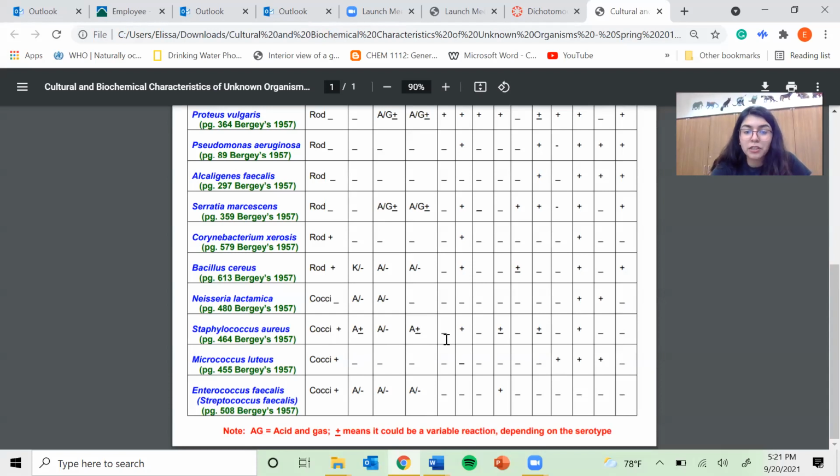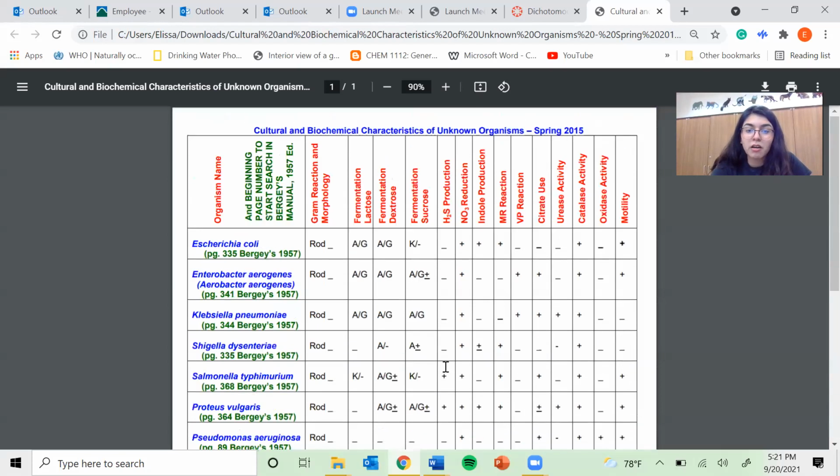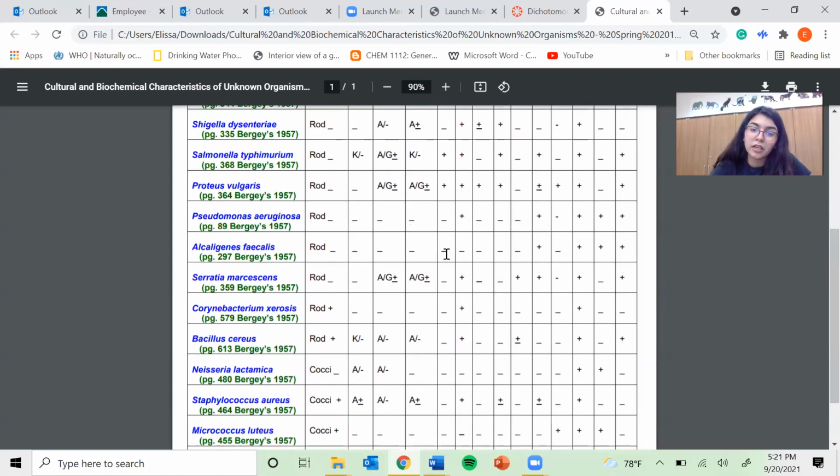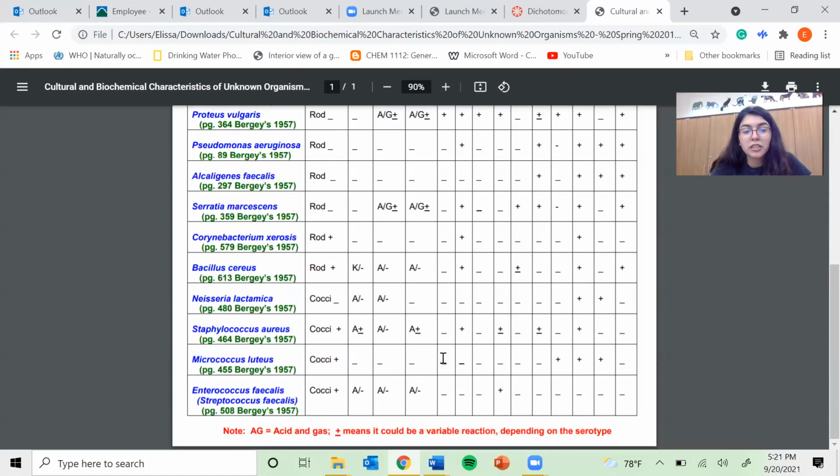We can move forward to the next column, which is hydrogen sulfide. And it looks like none of these produce hydrogen sulfide. So we move on, we go to the next column.